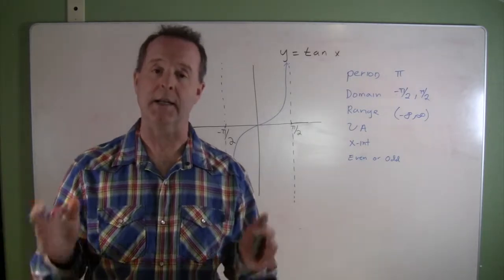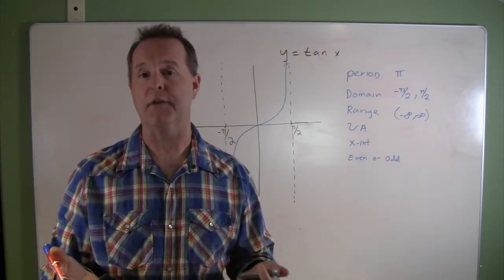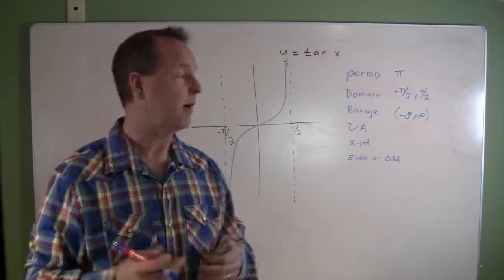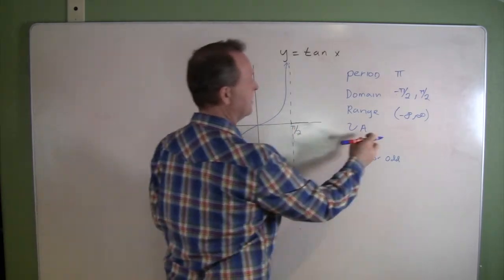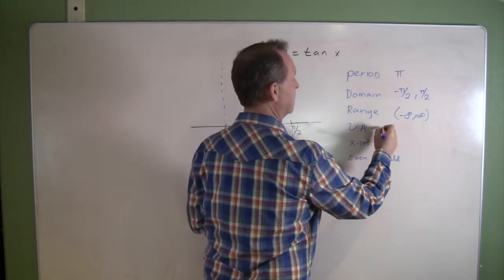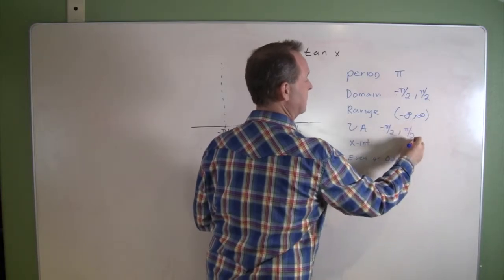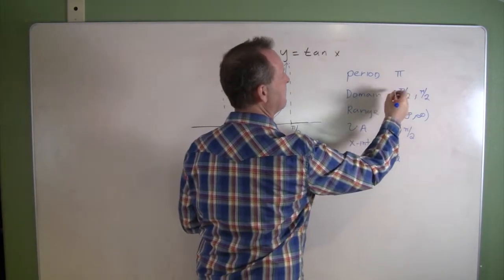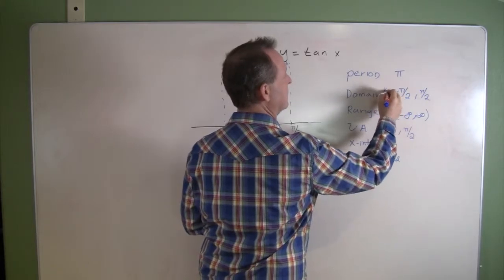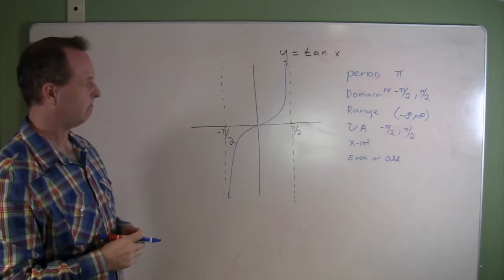As we mentioned earlier, it's not defined at some key places, and we call those vertical asymptotes, where it's not defined for particular values of x. So we have a vertical asymptote at minus pi halves and pi halves. Back here on domain, I should say those are values where it's not defined, so x does not equal those particular places.